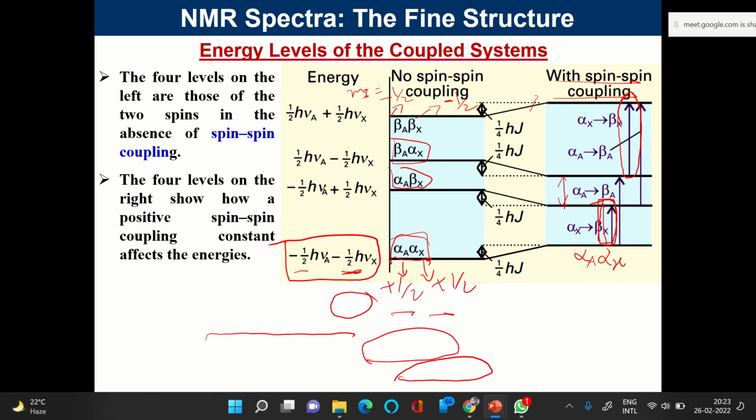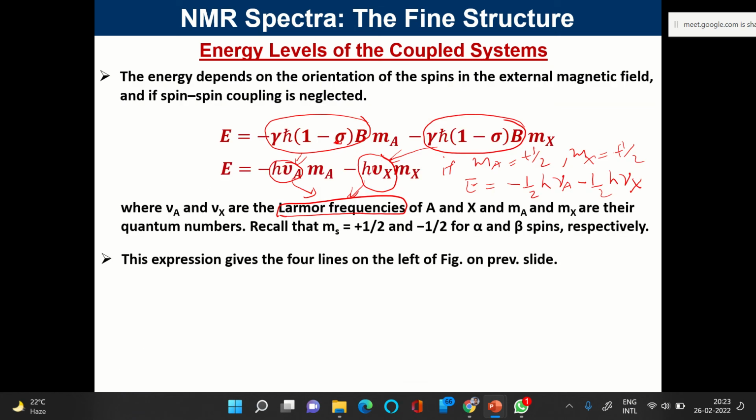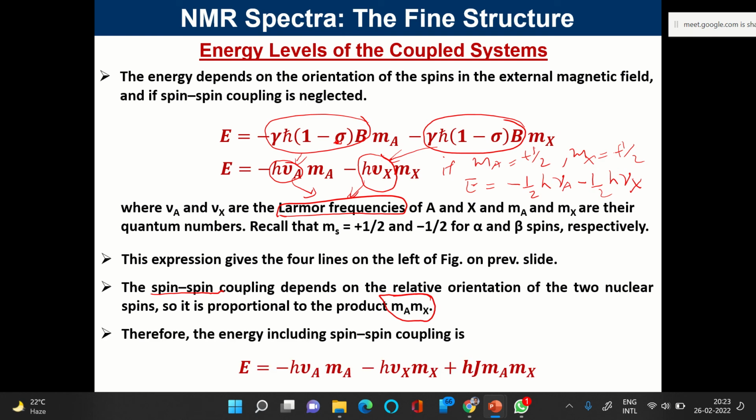If there is no spin coupling, this would have been the energy. Now when we think of both as an interacting system, then due to the spin coupling there will be a term which incorporates the product MA MX. If you incorporate it, this is the term that you will get.